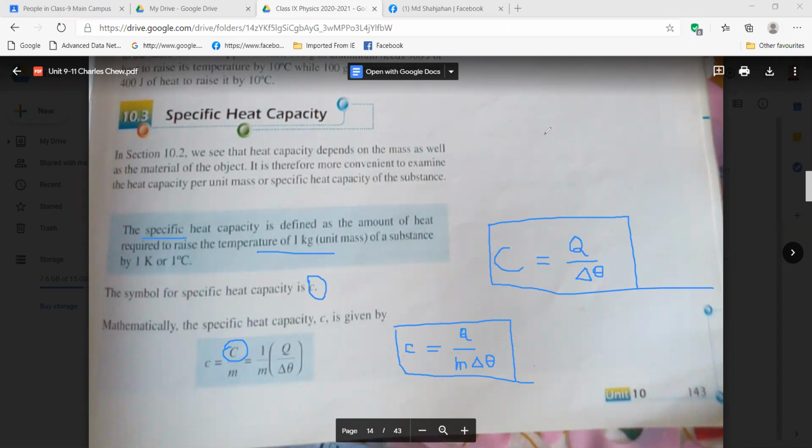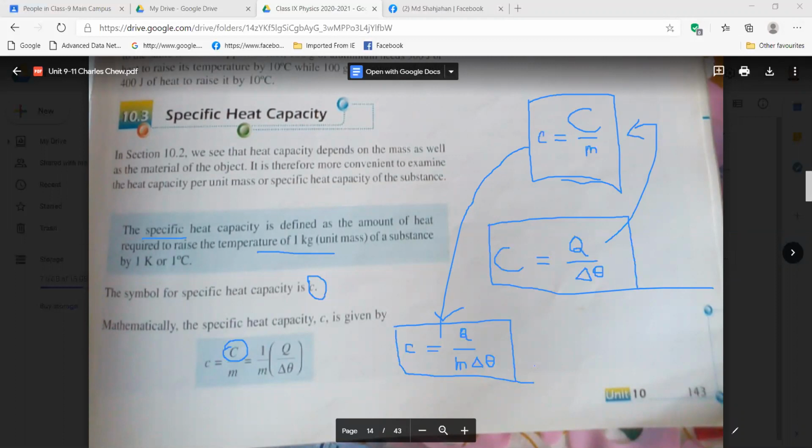And we can relate also: if you know the heat capacity, you can directly use this formula to get the specific heat capacity, that is small c equals capital C by M. You are putting this value here, then you are getting this formula, the third one. So done.